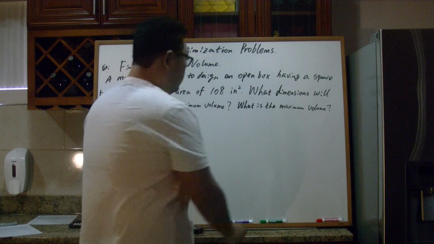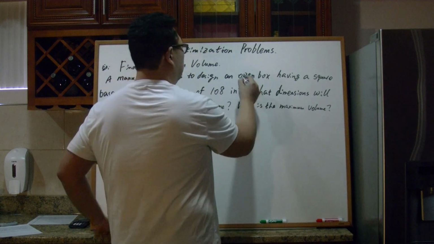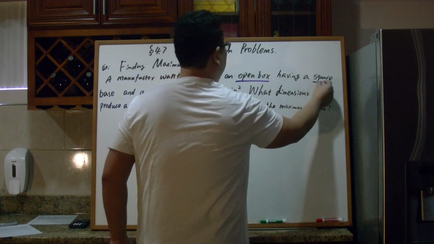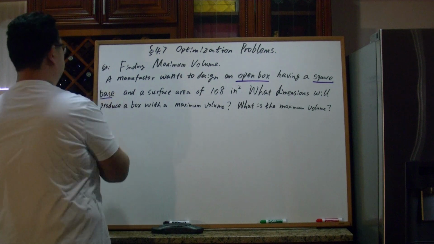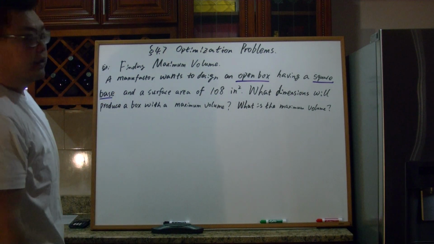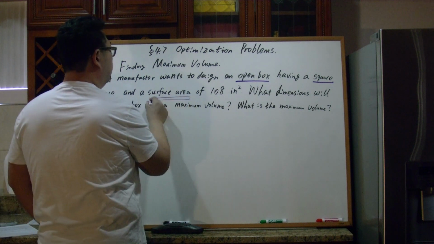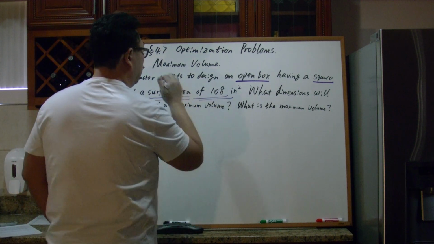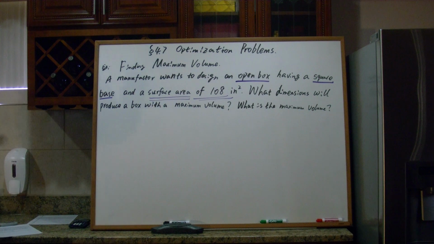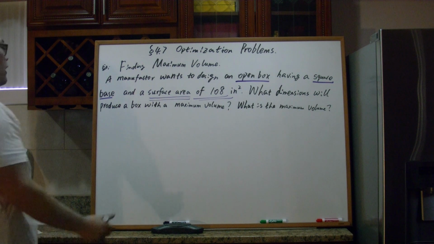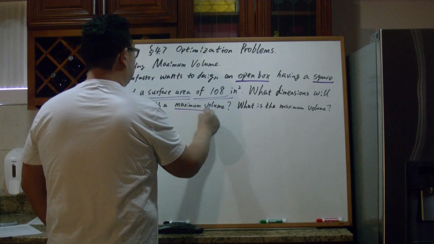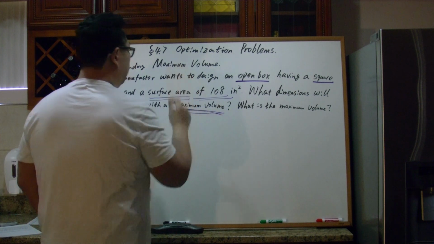Right, so an open box having a square face, right? And what we know is the surface area, that is 108 square inches. And what we are seeking is the maximum volume.